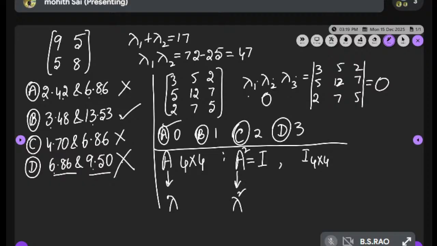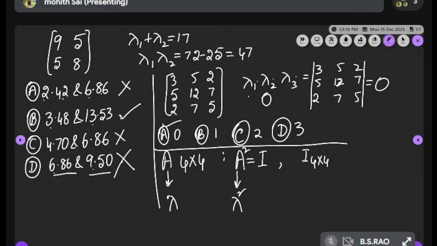Lambda square is the eigenvalue. Yes or no? So if lambda is an eigenvalue of capital A, the 4 eigenvalues of I are all equal to 1 only.